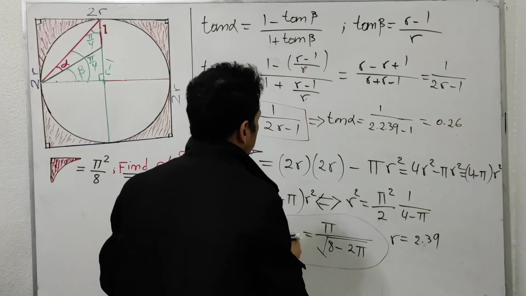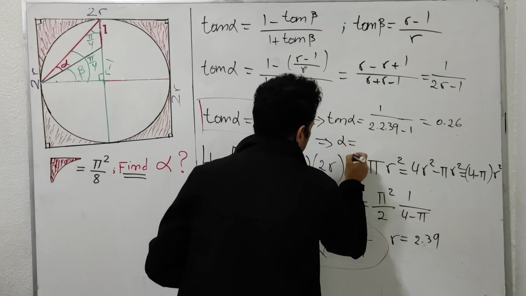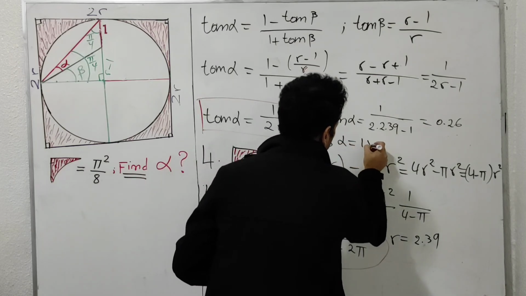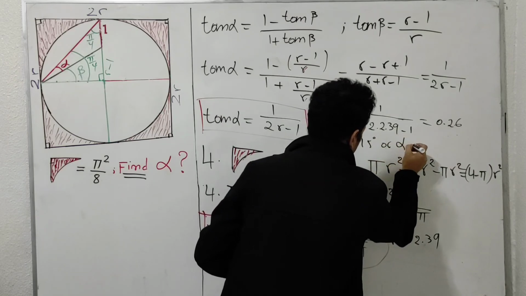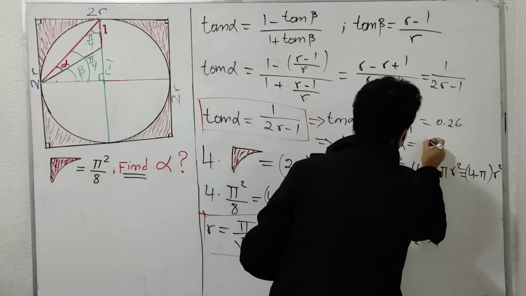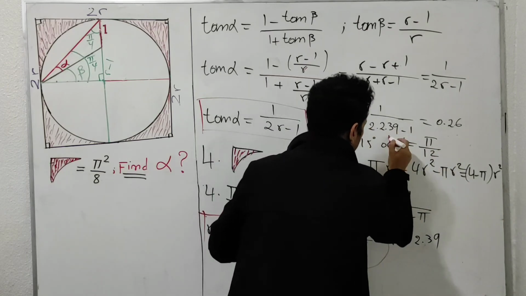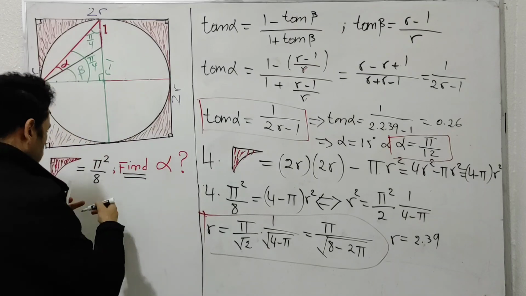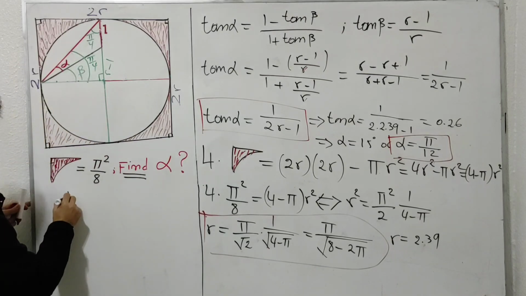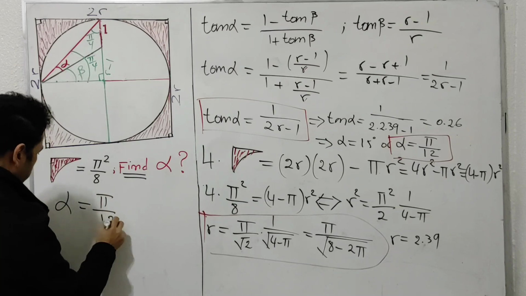That means alpha equals 15 degrees, or alpha equals pi over 12. This is the value of alpha. So now alpha equals pi over 12.